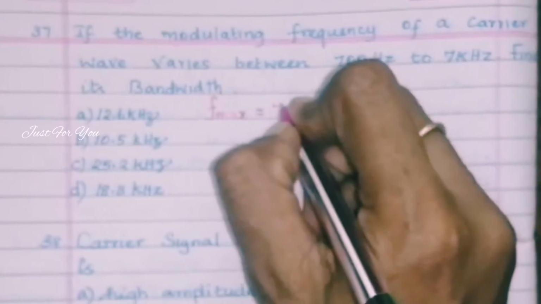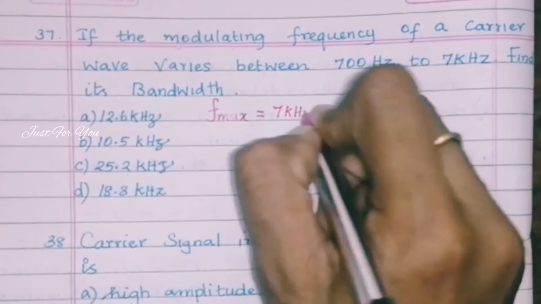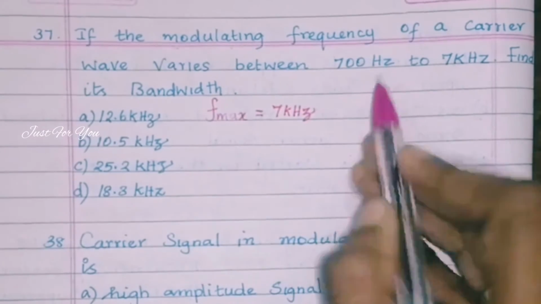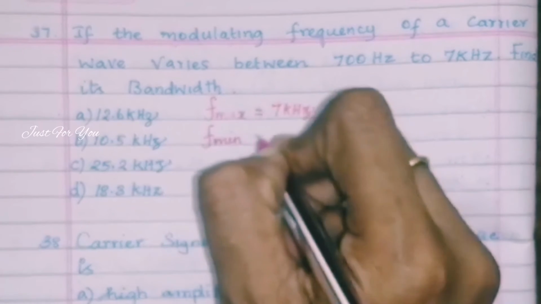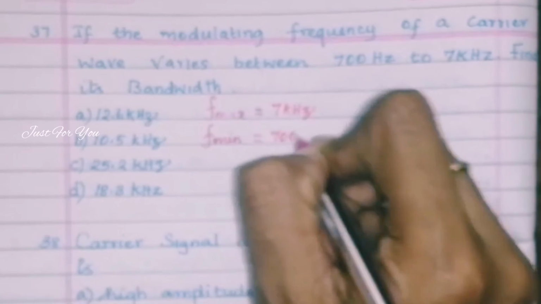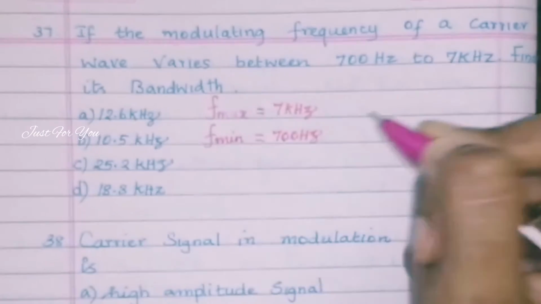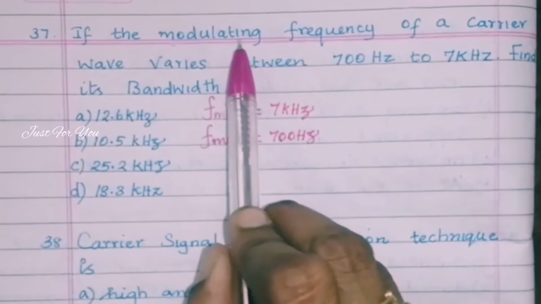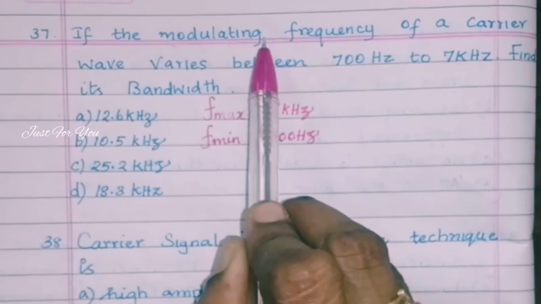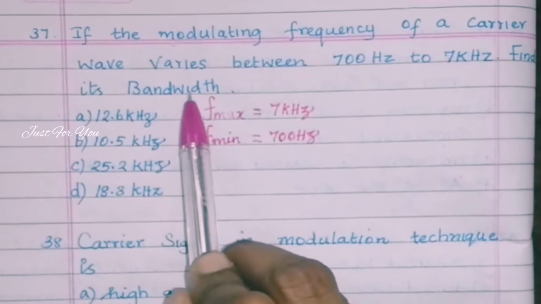Maximum frequency is F max. Maximum frequency is 7 kilohertz, right? And minimum frequency is 700 Hz. Now we have to find the modulating frequency. Once we know the value of modulating frequency, we can calculate the bandwidth.